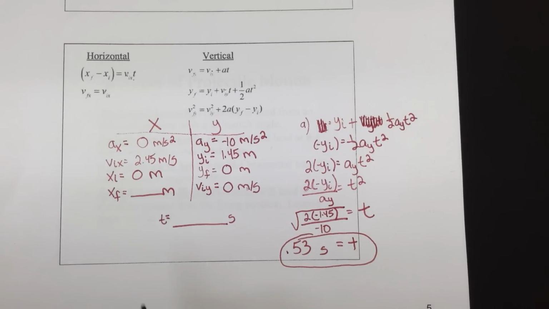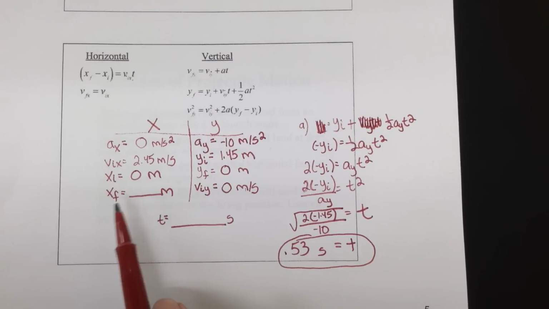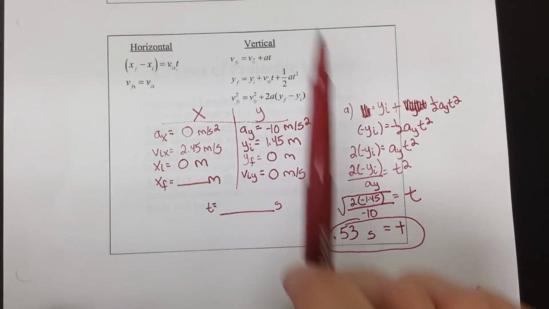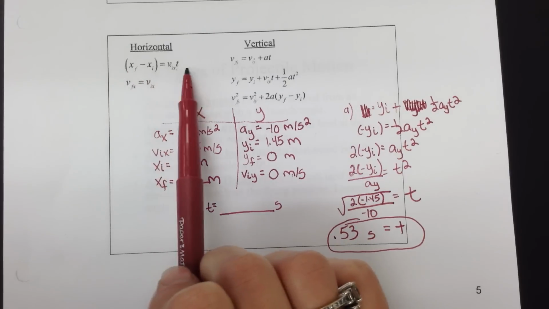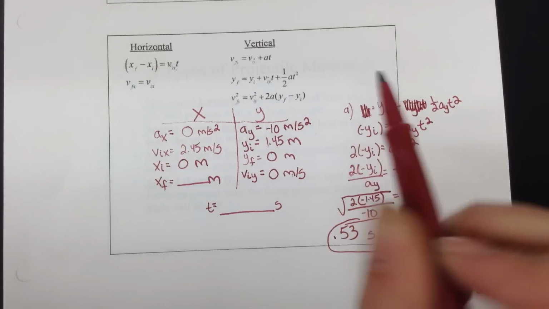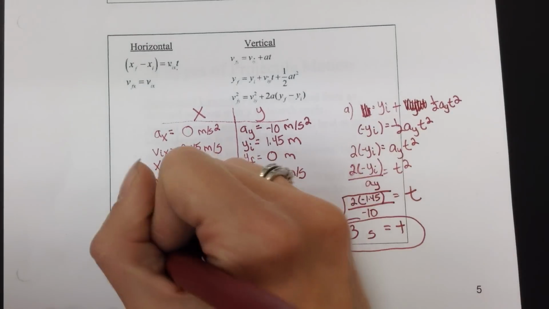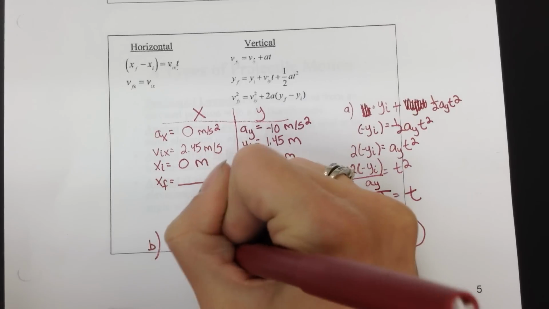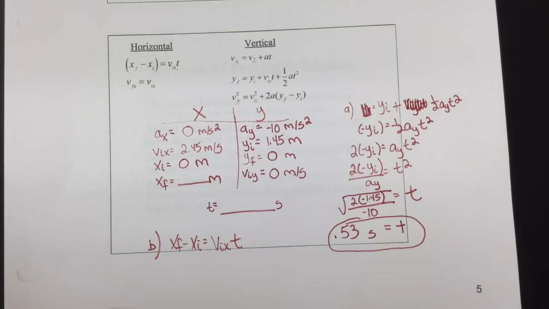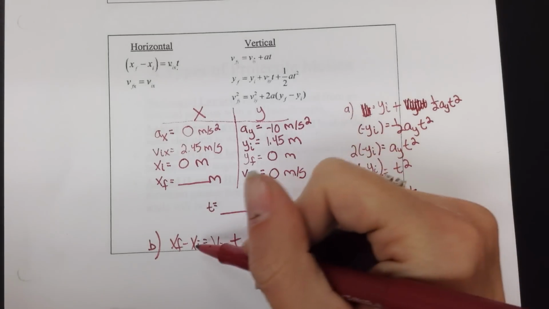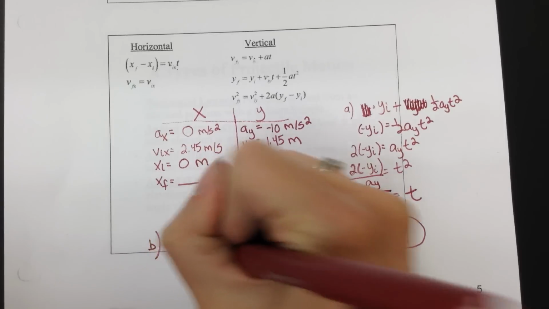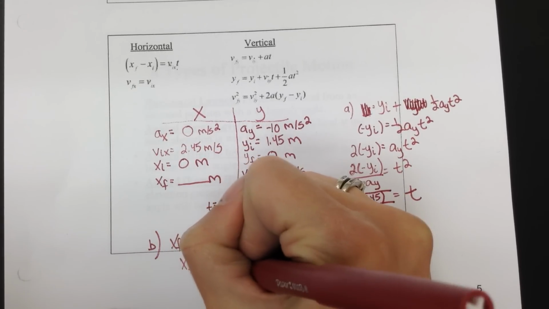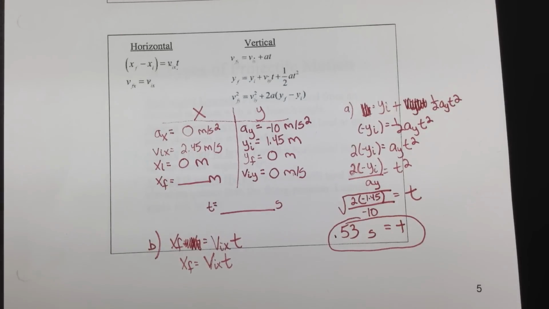Now, remember our other unknown, part B, was finding his final position horizontally. So, go back to your equations here. We want x of f, and really, you guys, this is the only equation we have that has x of f in it. So I'm going to go ahead and write that down. And get rid of my 0 stuff, so x of I is 0. And you're just left with x of f is equal to v ix times t, keeping my subscripts.